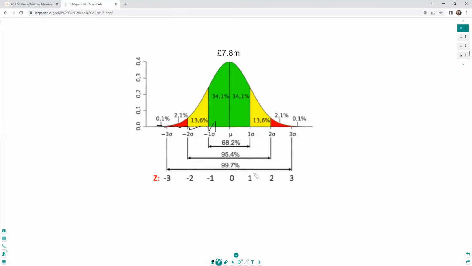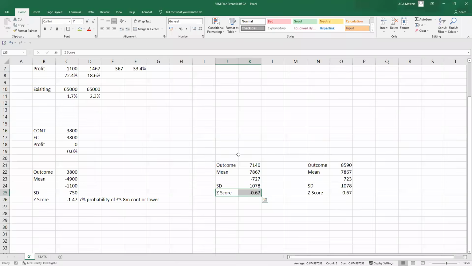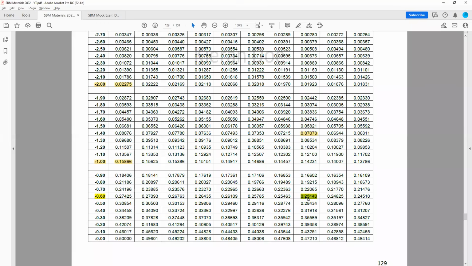So there's a 25% probability it'll be between here and here, and there's also a 25% probability that it would be between the mean and 0.67 standard deviations below the mean. Because you've got the mean, we know 50% of values are below it.